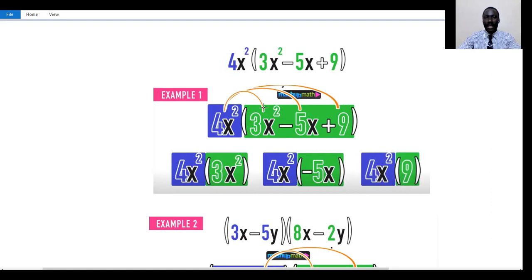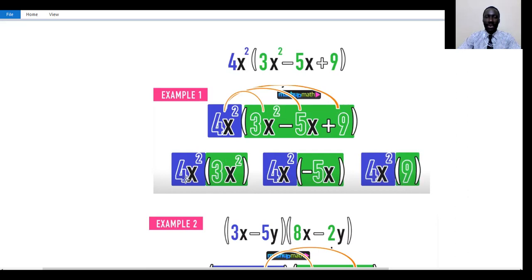Then in the second step, we will have to multiply this 4x squared with 5x. We always have to remember to carry the sign in front. Then the 4x squared again, we'll have to multiply the 9.